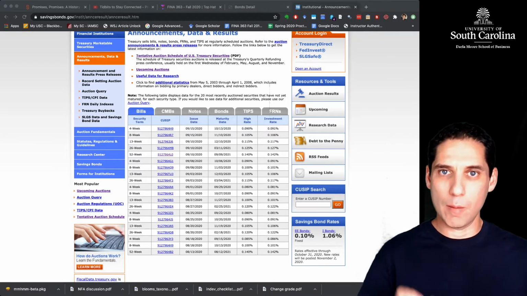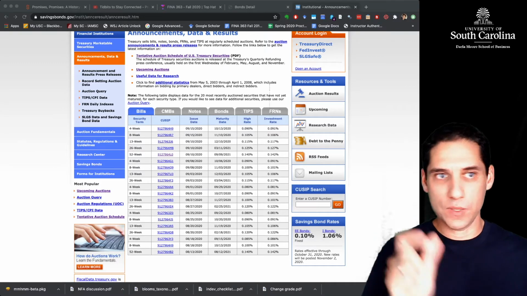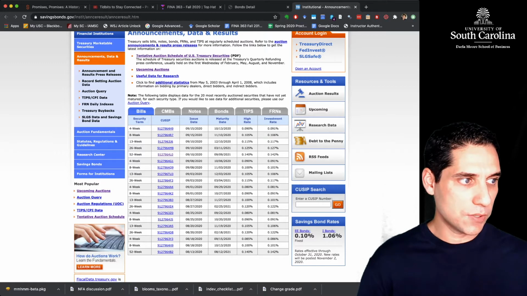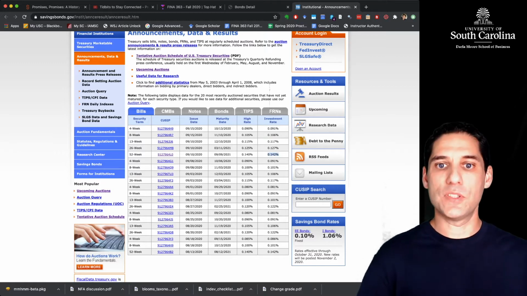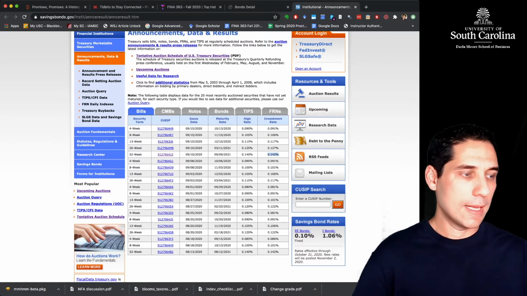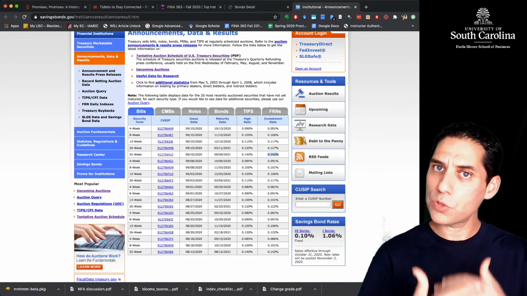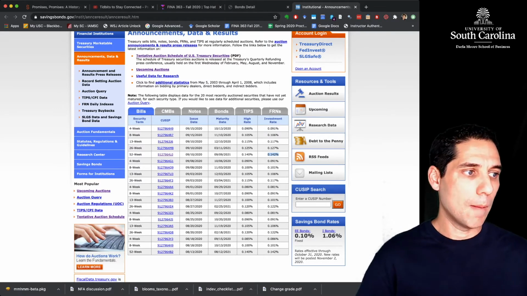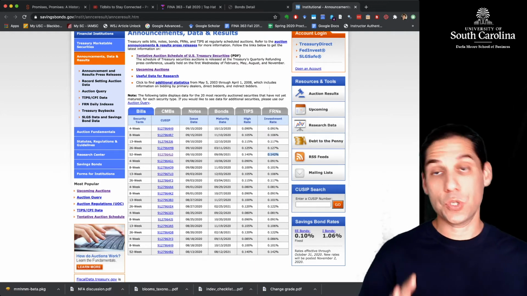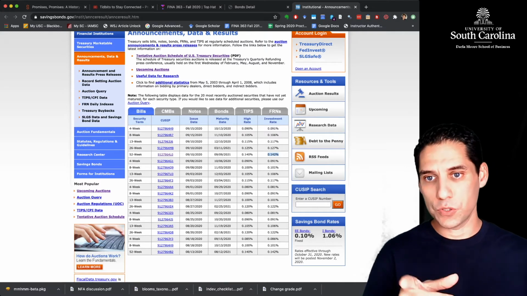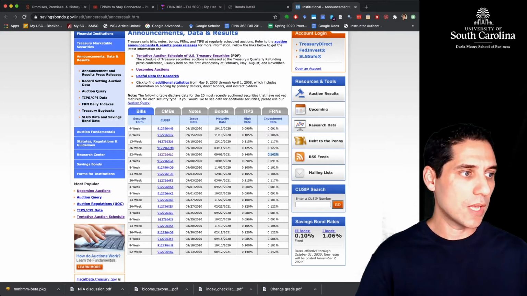There is a CUSIP number, which is a special ID for each of these bonds that are issued. And this tells us here the investment rate for that 52-week Treasury bill, the market clearing yield that investors bid for. So there was an auction held, and the US Treasury targeted to borrow $34 billion with these 1 year Treasury bills.